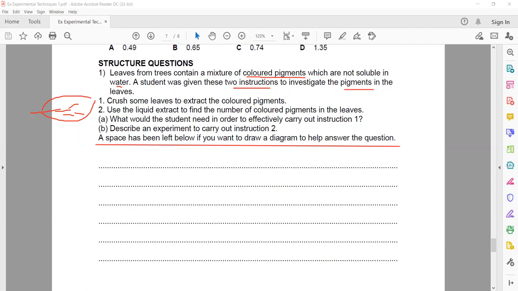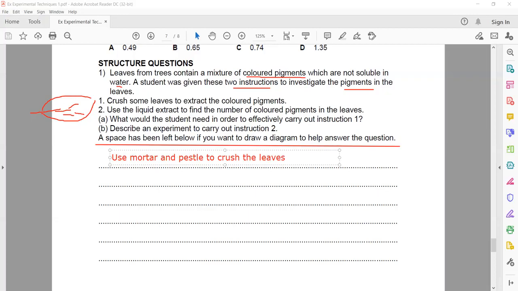Yes, that's right. So the student should use a mortar and pestle to crush the leaves. That is one thing. But we want to extract the color also. We want to remove the color from these leaves as well.